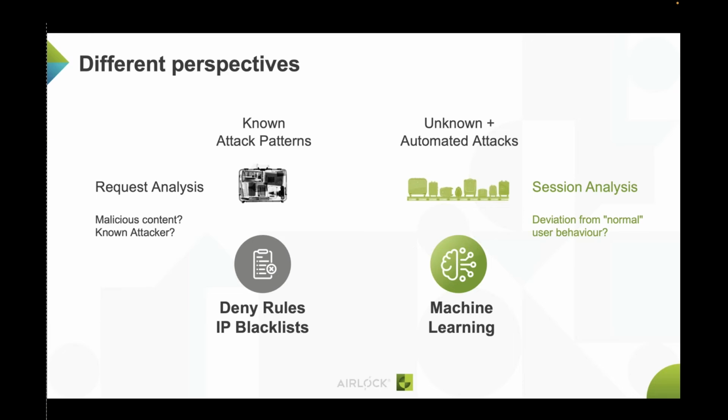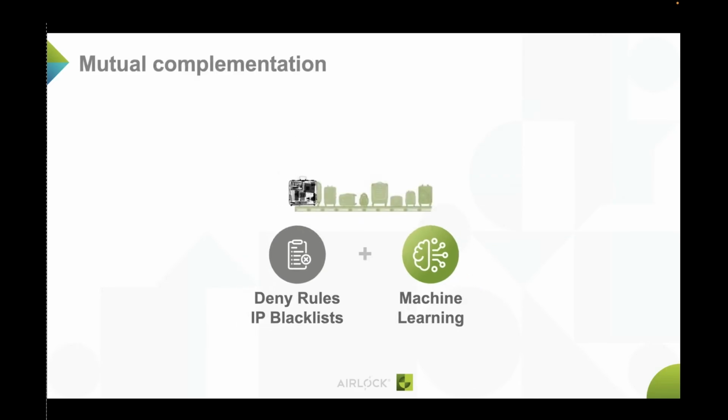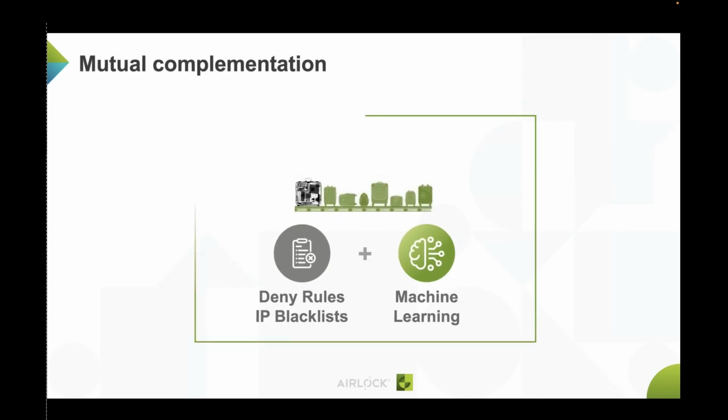The Anomaly Shield complements the existing deny rules and IP blacklist. So with both in the gateway, we think that you have the best of two worlds, and you really want to use both the deny rules and the IP blacklist together with machine learning.